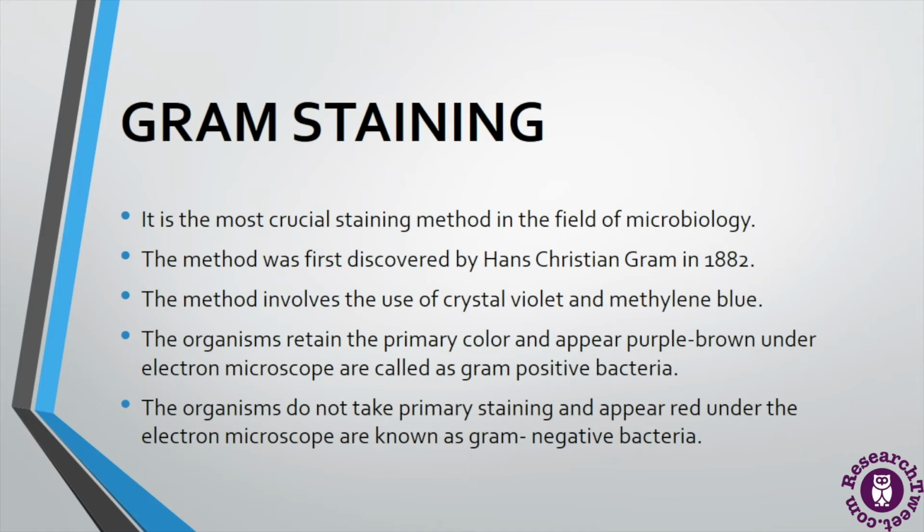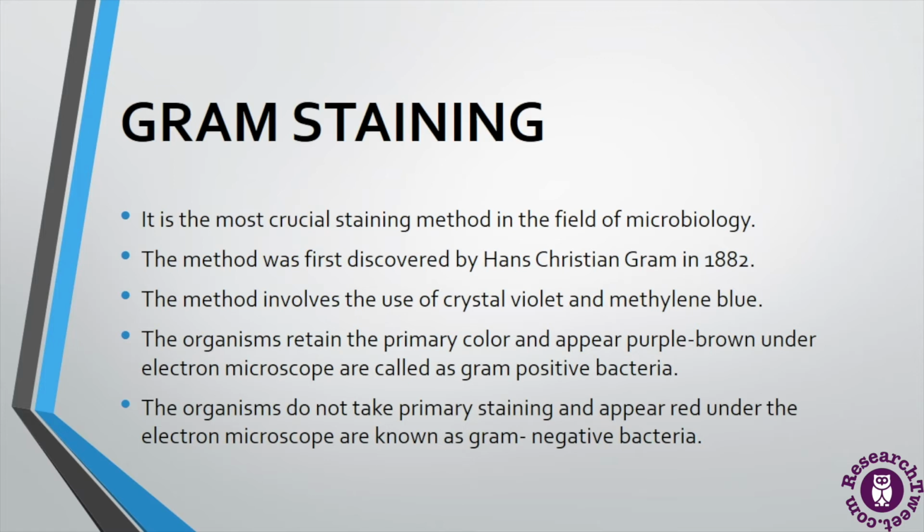This method was first discovered by Hans Christian Gram in 1882 and the method was also named after him as gram staining, or gram-positive and gram-negative bacteria. The method involves the use of crystal violet and methylene blue to stain the particular bacterial organisms, and after the staining, according to the results, they are named gram-positive and gram-negative bacteria.